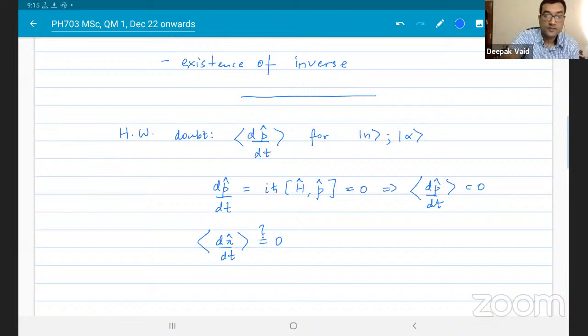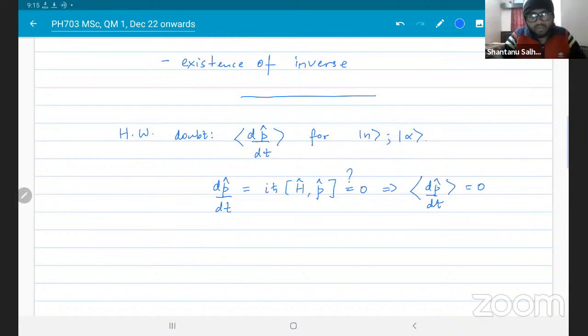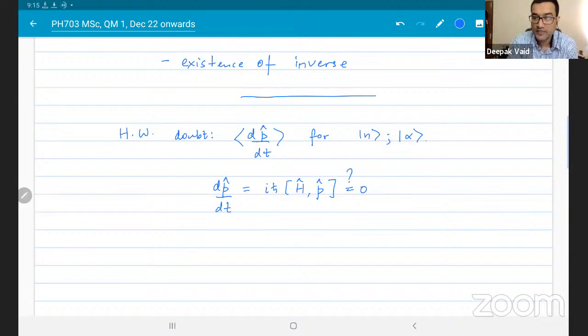If you take the commutator of H, and also, one thing. What was that statement just now? Somebody made that the commutator of H with P is 0.